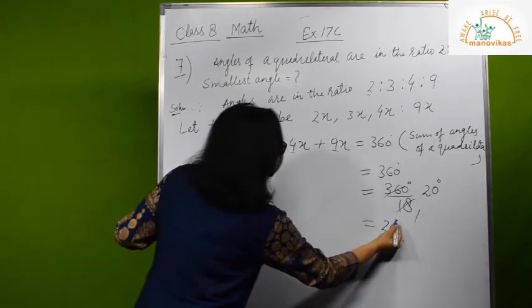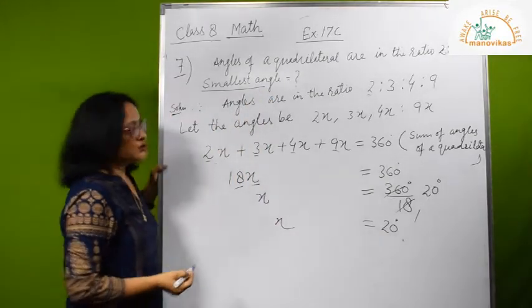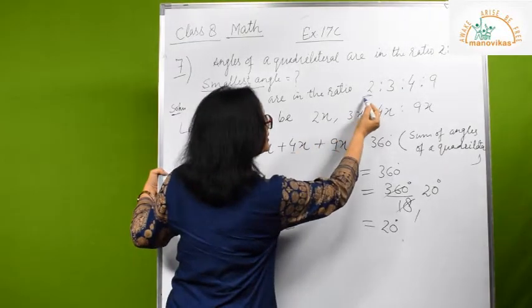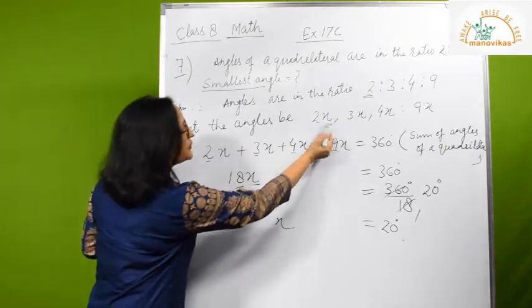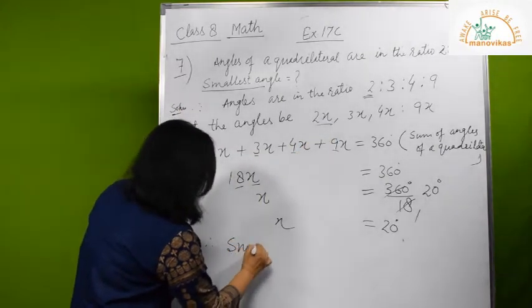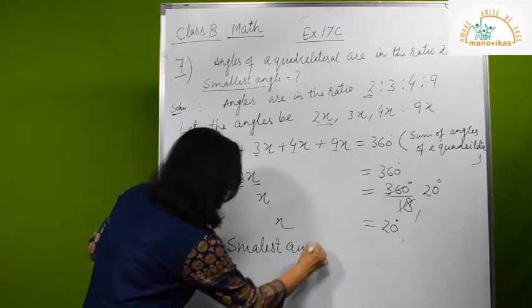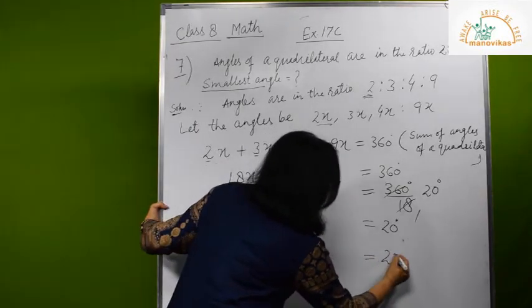Now according to the question, you have to find the smallest angle. So which angle will be the smallest? The angle whose ratio is the smallest will be the smallest angle. So how can we find the value of 2x? Therefore, smallest angle is 2x.